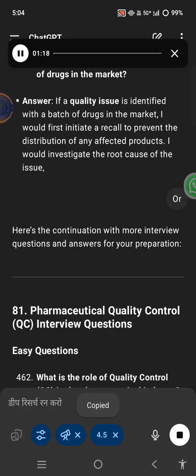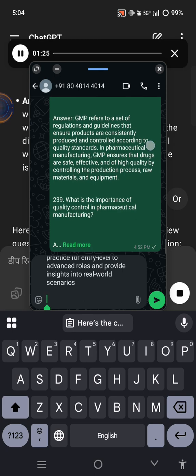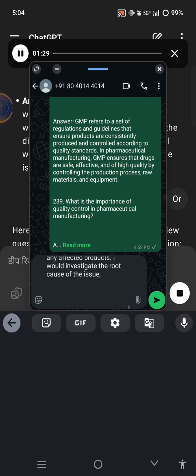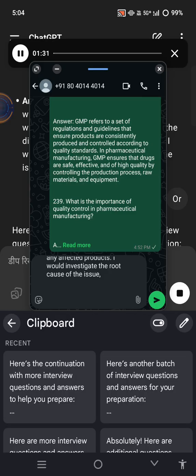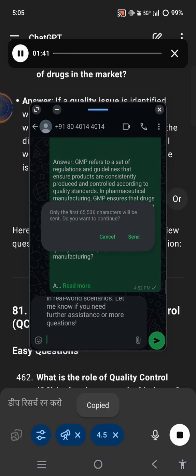Medium questions. 429. Explain the difference between stability testing and validation testing. Answer. Stability testing is conducted to assess how the quality of a pharmaceutical product changes over time under various environmental conditions, such as temperature, humidity, and light. The goal is to determine the product's shelf life and establish proper storage conditions.